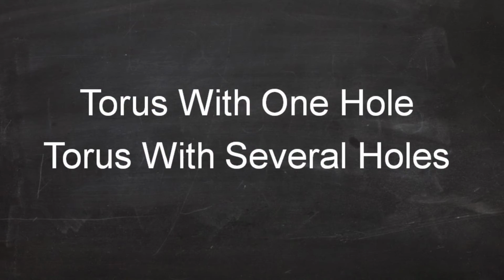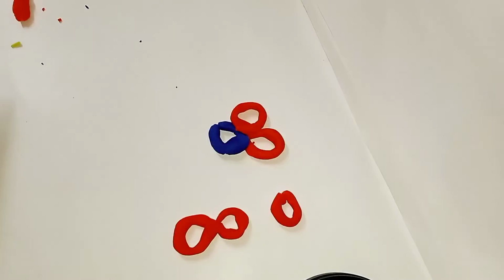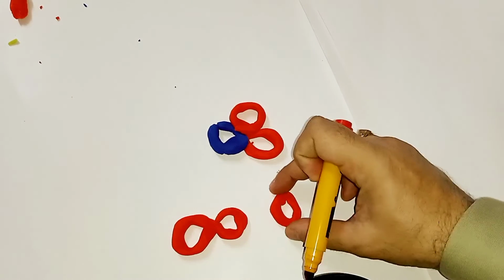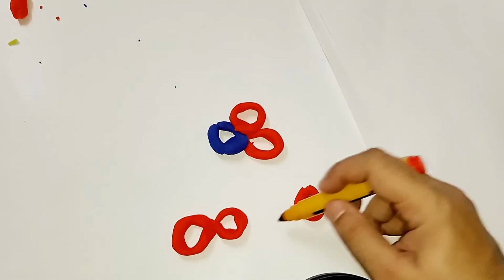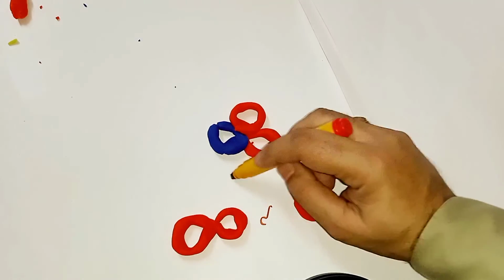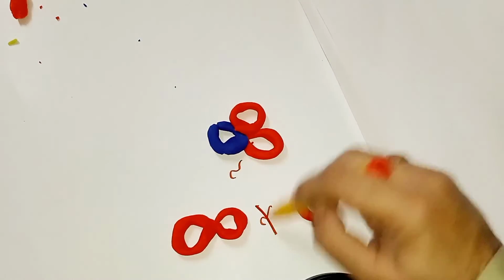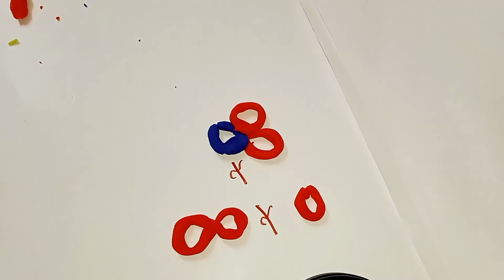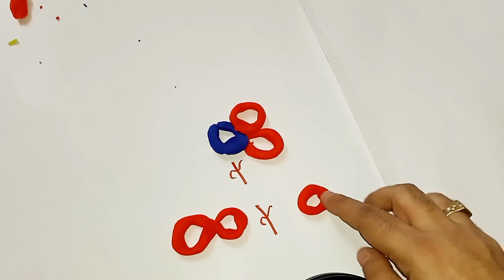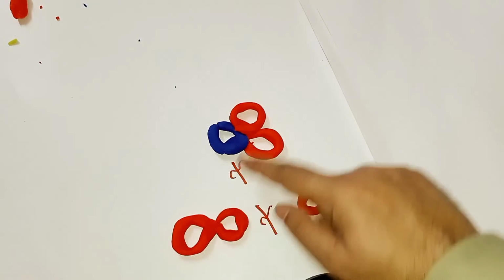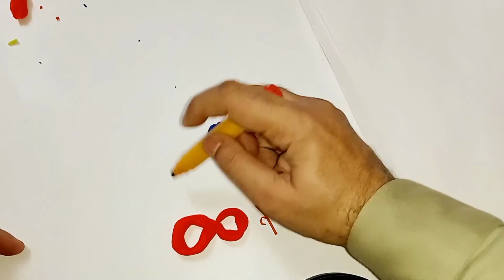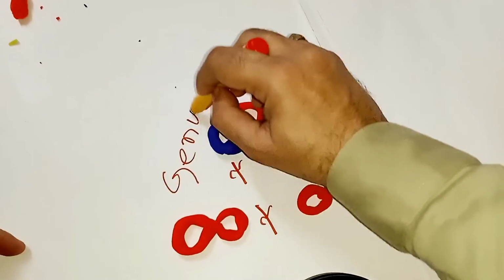Here the question is that we have three tori. Now if I ask whether this torus, which has one hole, is homeomorphic to this one, or to this one, the answer is no. The reason is that this torus has one hole, this one has two holes, and this one has three holes, and this is what is typically called the study of genus.